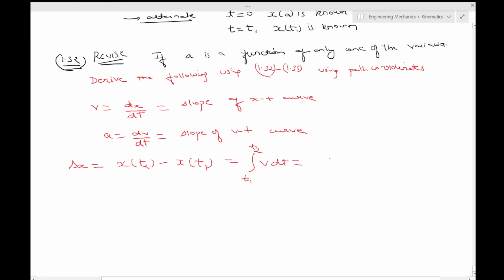This is the area under the vt curve. Similarly, delta v is equal to v of t2 minus v of t1, equal to the integral of a dt from t1 to t2. This is the area under the at curve.